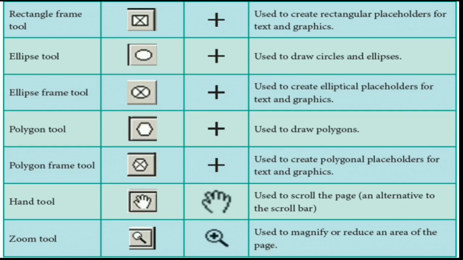For that, the zoom tool can be used to zoom the text properly, to check whether the text content is properly typed or not. So for that purpose, the zoom tool is used for accuracy. So these are the purposes of these tools, and with their combined activity we can create a whole page.